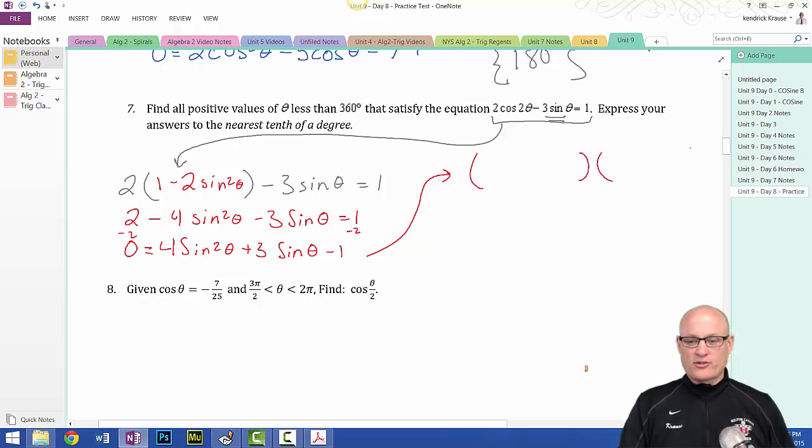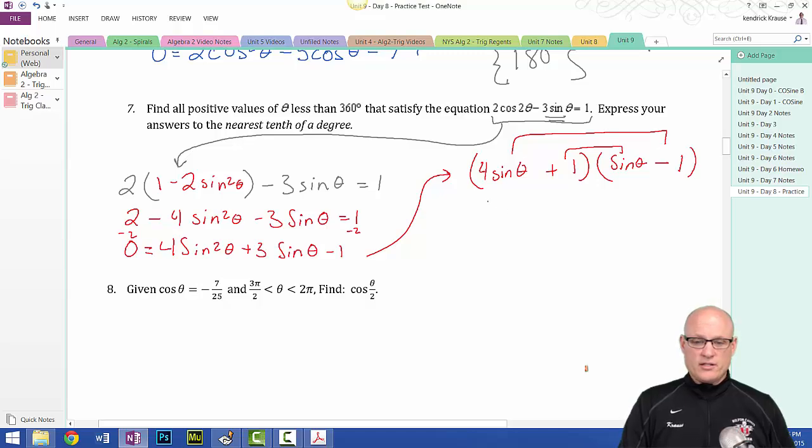With that thing being 1 and the middle term being 3, I'm going to try 4 sine theta and just sine theta. I think most of you are going to see that this is a minus and this is a plus, because that gives me positive sine and this gives me negative 4 sine. This gives me sine theta equals negative 1/4, and this gives me sine theta equals 1.